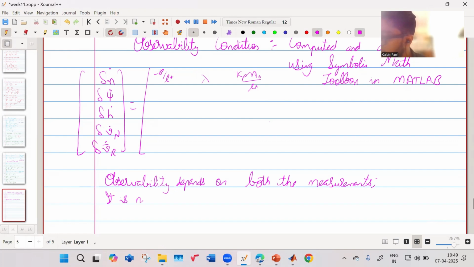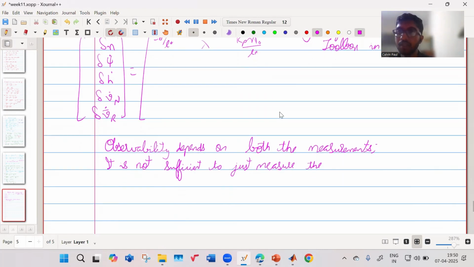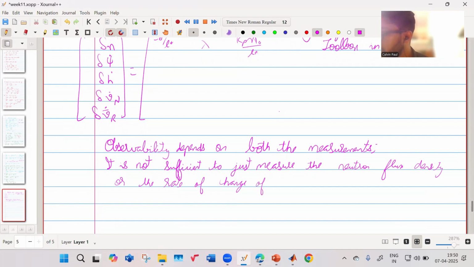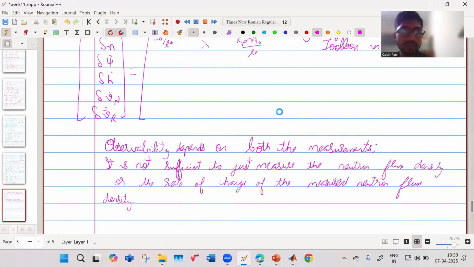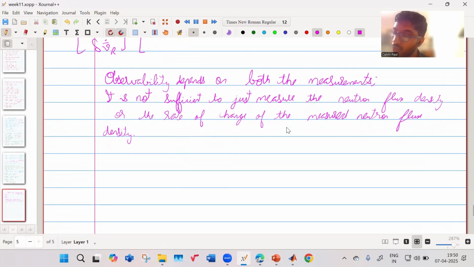It is not sufficient to just measure the neutron flux density or the rate of change of the measured neutron flux density. They are not sufficient. We need both measurements.